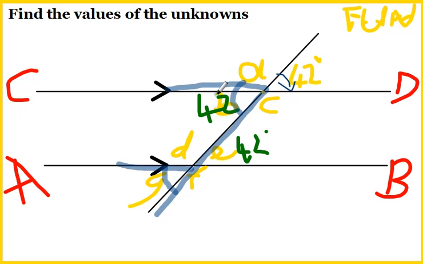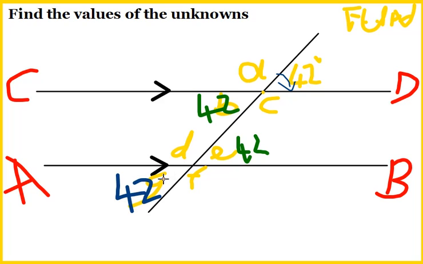Can you see that the angle is beneath the parallel line? The angle is also beneath the parallel line. So G will have to be 42 degrees. And it matches because we just said E is also 42 degrees, and it still makes sense that G and E are equal because of vertically opposite angles.